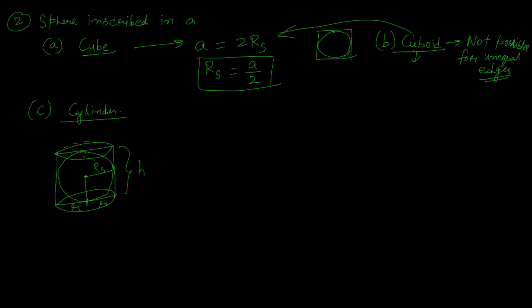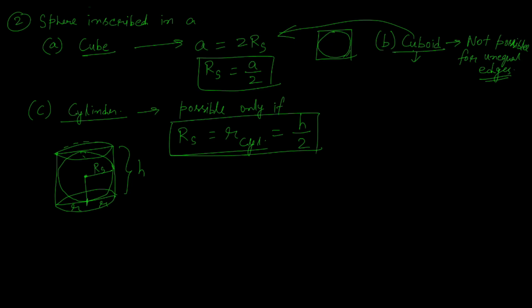Right? I hope you can see that. So possible only if radius of sphere is equal to radius of cylinder, and it is equal to half of height of cylinder, then only it is possible. Otherwise it is not possible. Okay, very simple situations, very simple relations.